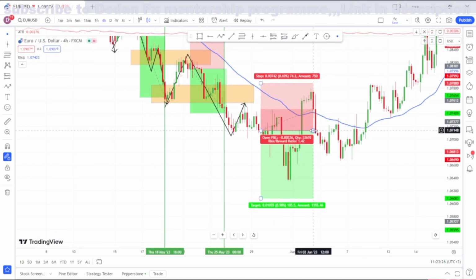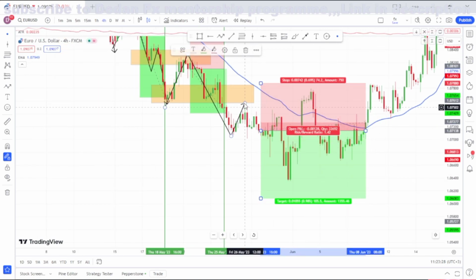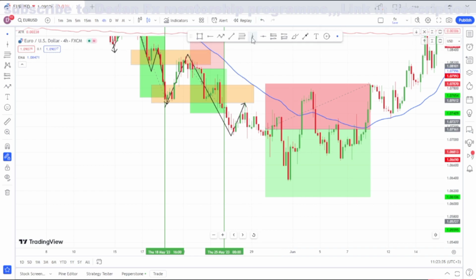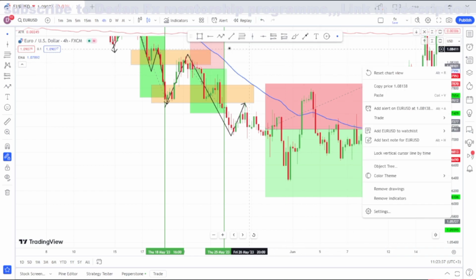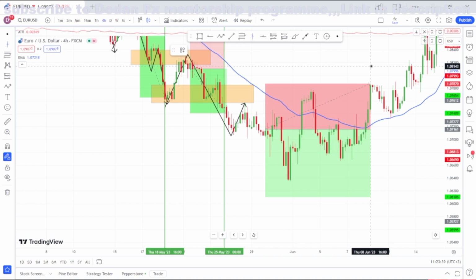So this could have been a loss for us, if you check well. So use a red vertical line.